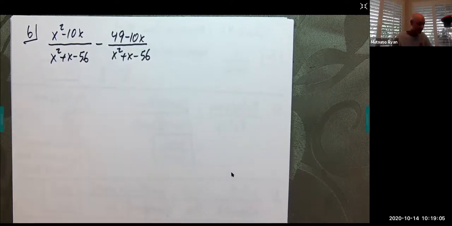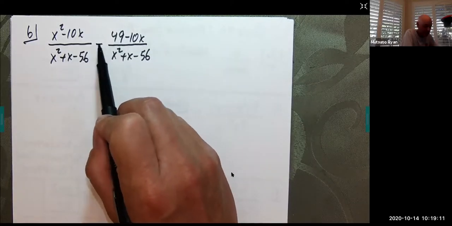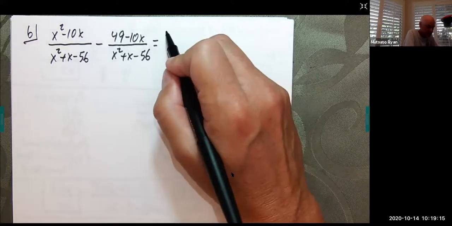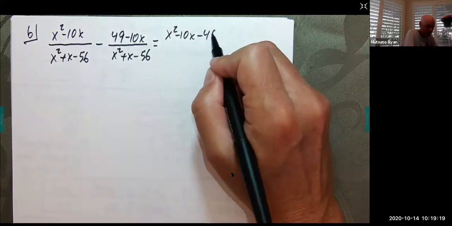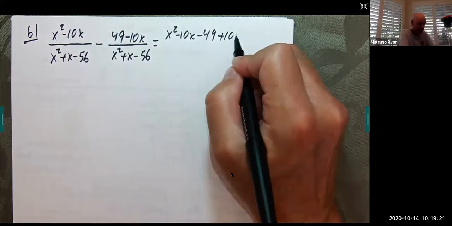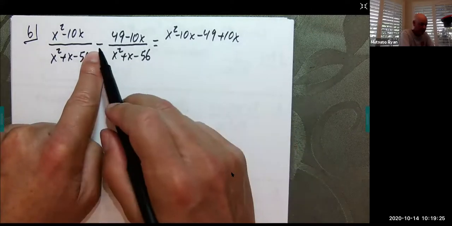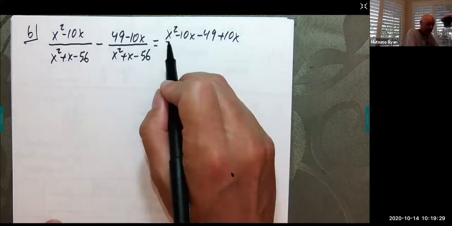I don't have to find a common denominator. I will factor it. However, the big trap here is I have to remember when I'm subtracting, I have to distribute the negative 1. So it's going to look like this. Notice how I distributed the negative to make that a negative 49, and then negative times a negative 10x gives me a positive 10x. All over it.